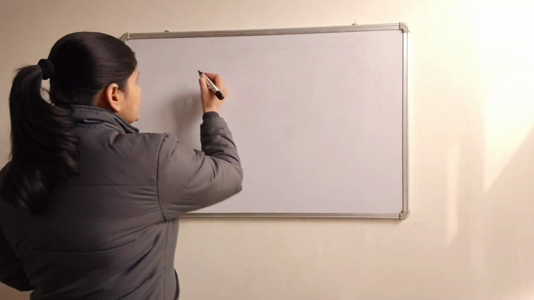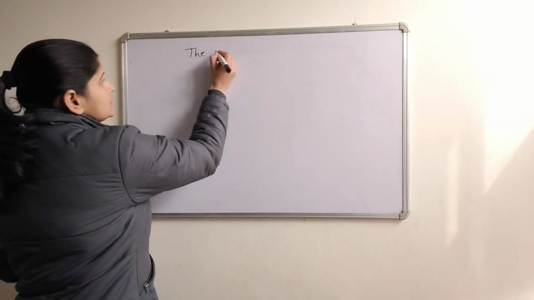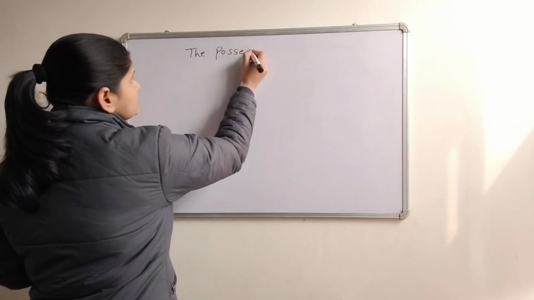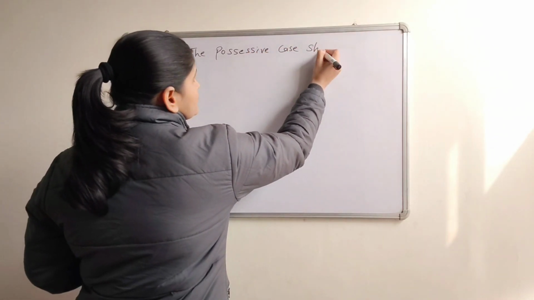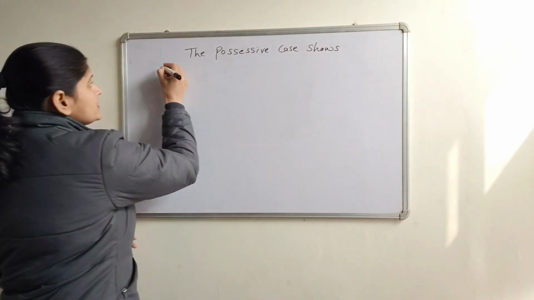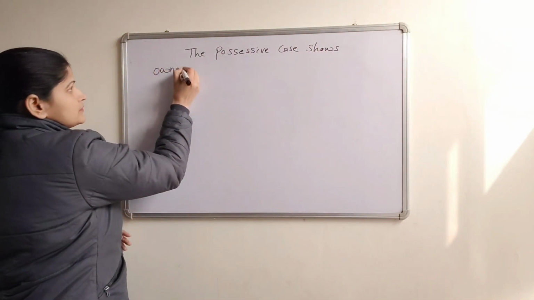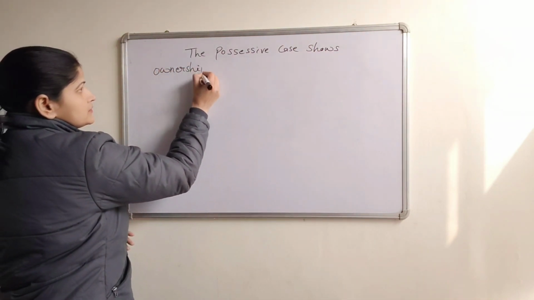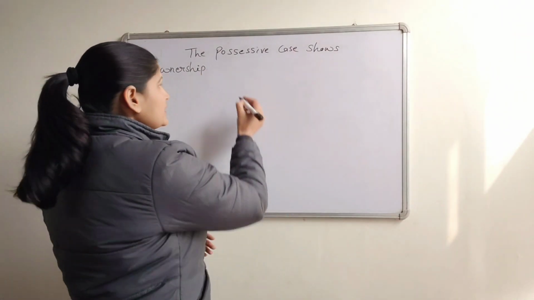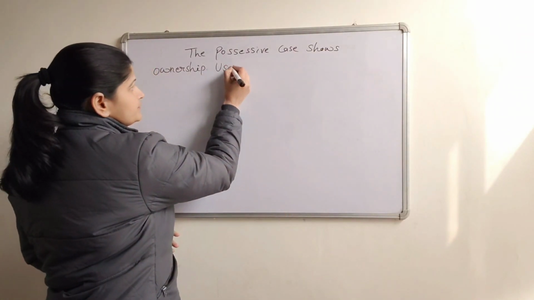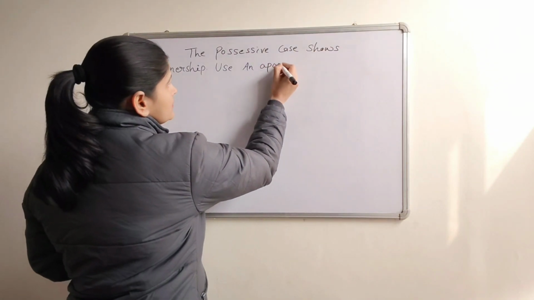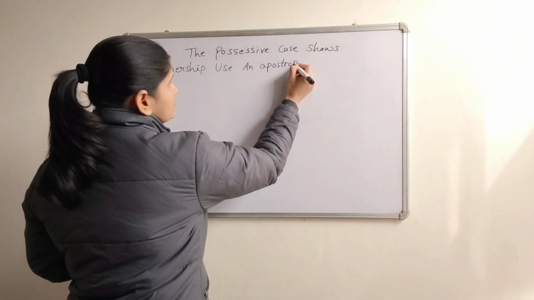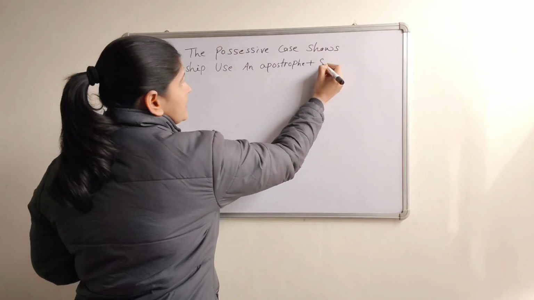So listen very carefully. The possessive case shows ownership. We use an apostrophe plus s.